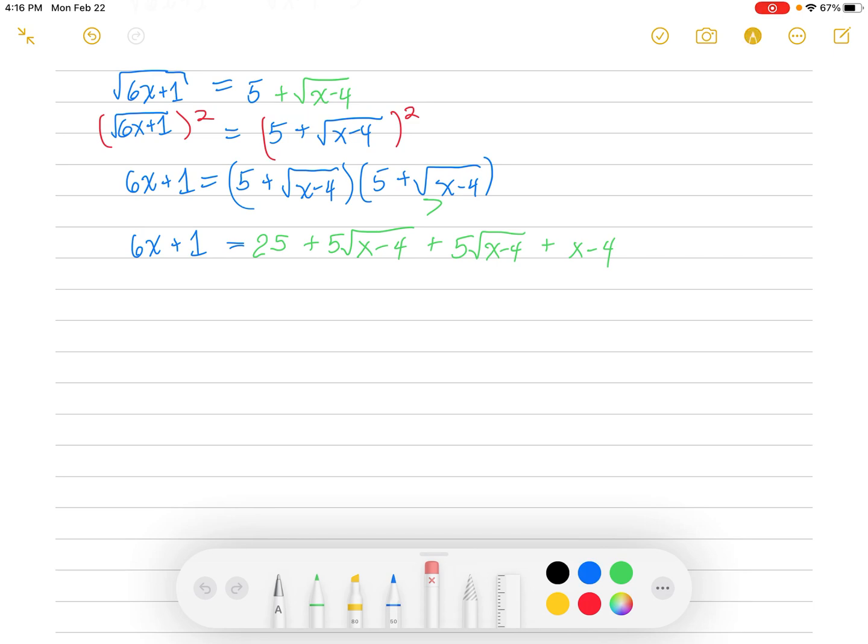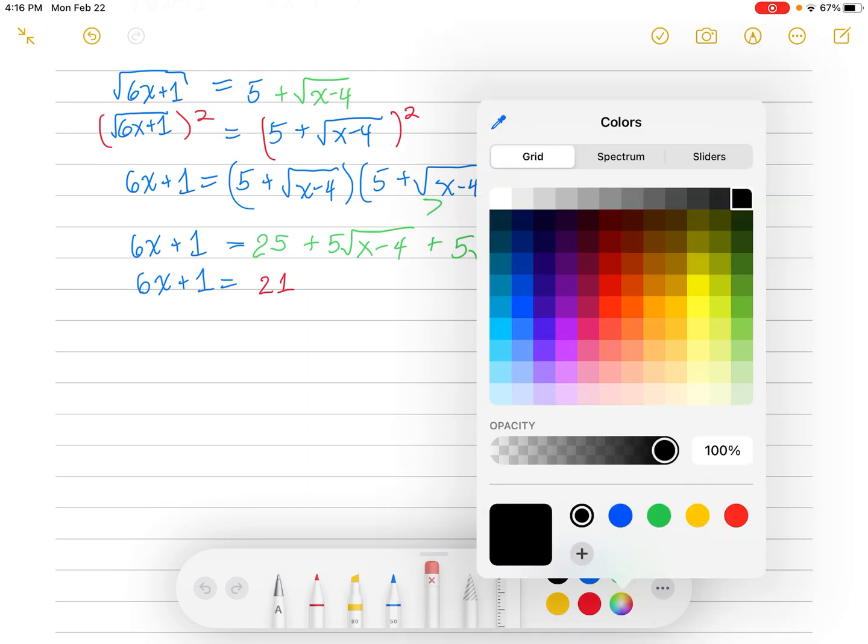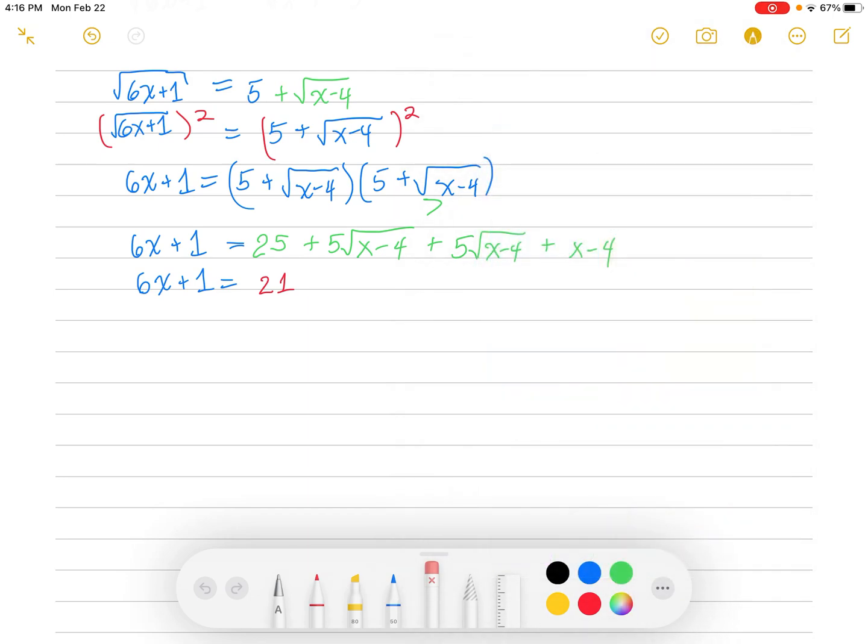So I'm going to collect my like terms on my right side. I'm going to leave the left side as it is, 6x plus 1. On the right side, we're going to collect our like terms. Notice we have 25 and minus 4. That's going to be 21. And we're going to collect the other like terms.